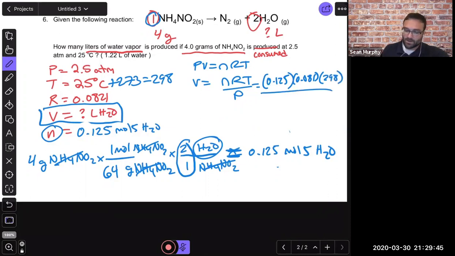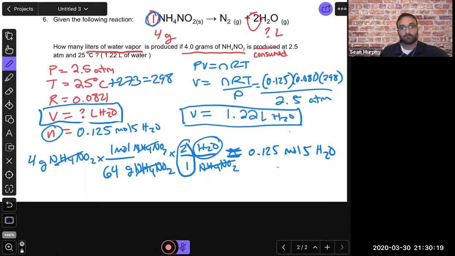And then divided by the pressure, 2.5 atmospheres. So here we go, 0.125 times 0.0821 times 298 divided by 2.5. And you should have got 1.22 liters of H2O. You can do it.